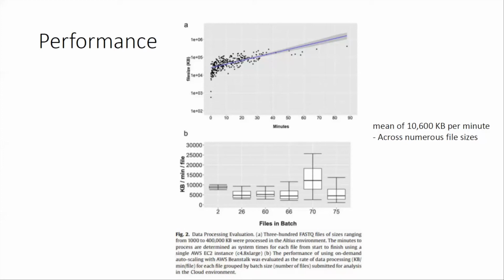What was nice, at least, the take-home message with this, is that using Elastic Beanstalk, we could maintain a relatively similar time of processing, no matter the file numbers that we're uploading into the system. And then in the bottom, you can see another representation of the kilobases per minute per file against the number of files in batch. And you can see that from 2 to 26, 60, 66, 70, and 75 files at a time, relatively similar speeds in processing.